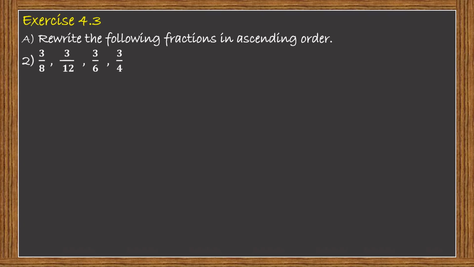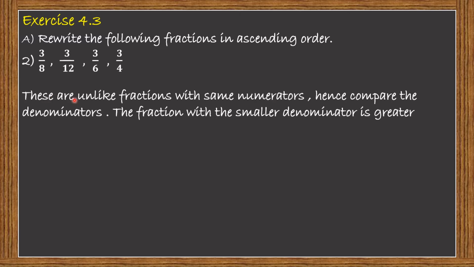Now let's take the next example, that is example number 2. Rewrite the following fractions in ascending order. Okay, by looking at the fractions you can tell me that these are unlike fractions with the same numerator. So how do we compare them? Yes, these are unlike fractions with the same numerators.